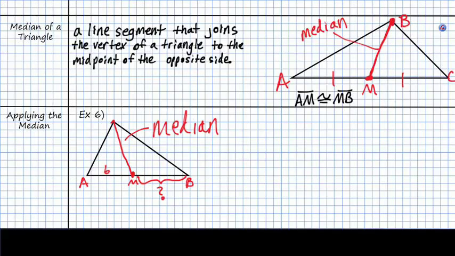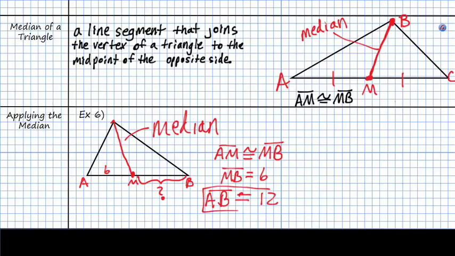So we know that the median connects to the midpoint. Therefore, we know that AM is congruent to MB. Well, we already know what AM is, right? Then we know that MB is equal to 6. And then if we also wanted to find AB, then I can say that AB is equal to 12 in length.